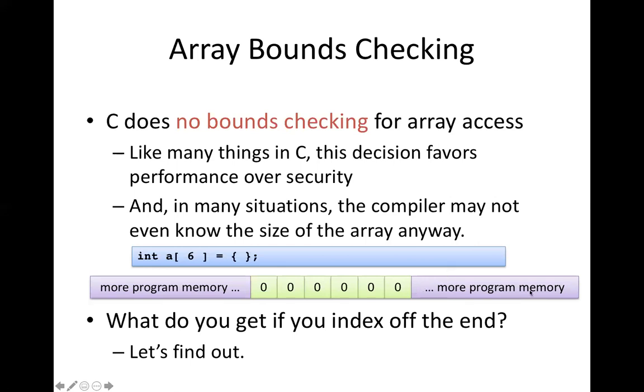So that would let you access memory past the end of the array. Even if you try to access an element at index -1 or -2, then you will be accessing memory before the start of the array.